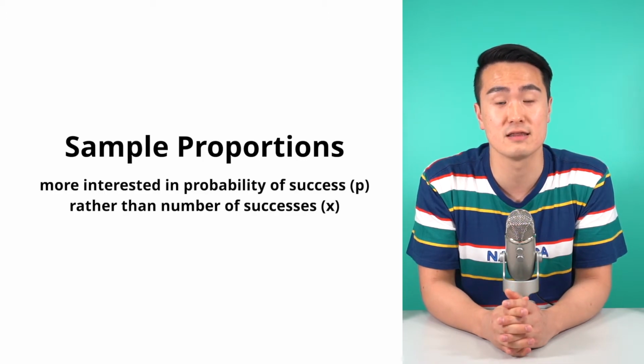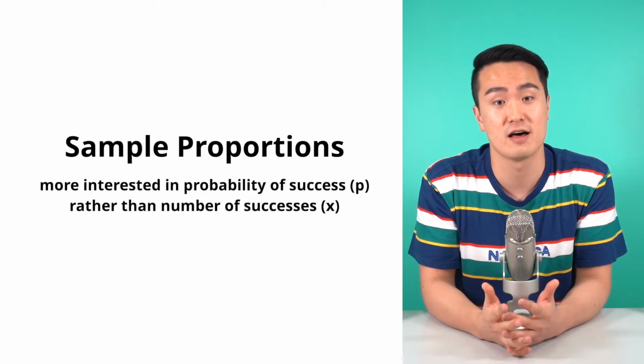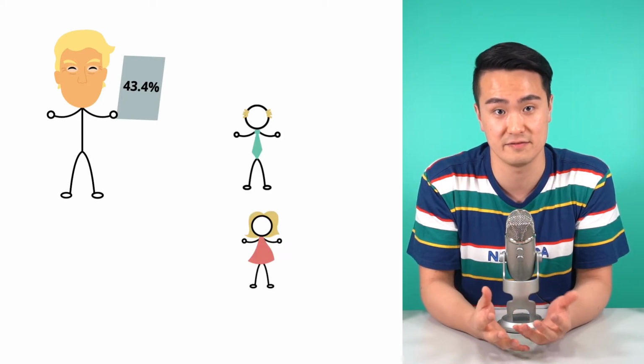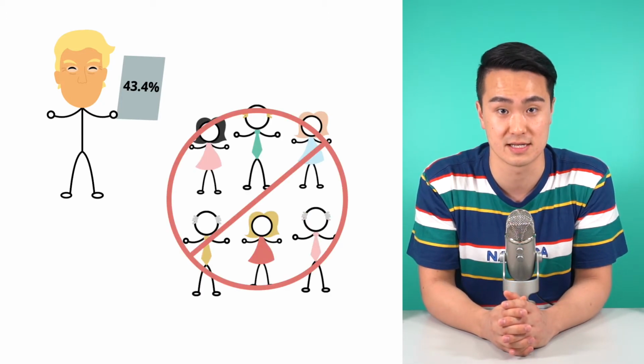In many practical examples, we are often interested in estimating the proportion of a population with a specific characteristic. So we are more keenly interested in the probability of success p rather than the actual number of successes X. For example, in elections, politicians are interested in the proportion of votes they received rather than how many people that represents.